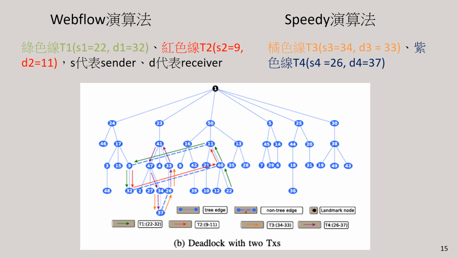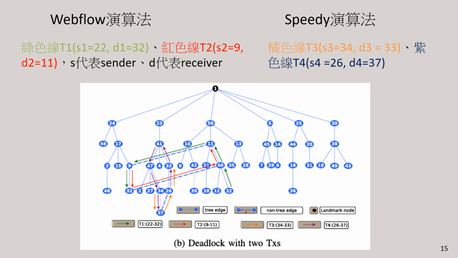The execution sequence is as follows: 22 to 40 T1, 9 to 32 T2, 40 to 11 T1, 32 to 40 T2, 11 to 9 T1, 40 to 11 T2, 9 to 32 T1. At this point, T1 cannot acquire the edge 9 to 32, and T2 cannot acquire the edge 40 to 11, resulting in a deadlock.